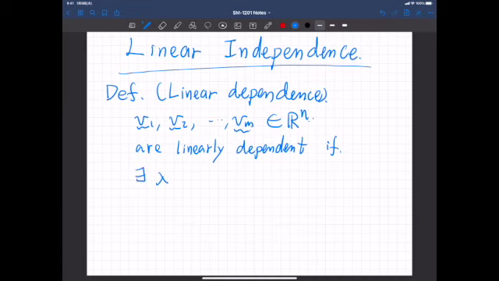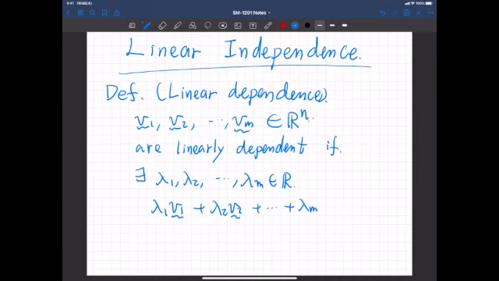They are dependent if there are real numbers, lambda 1, lambda 2, up to lambda m, such that lambda 1 v1 plus lambda 2 v2 plus and so on, lambda m vm is equal to 0, and not all lambda i are 0.